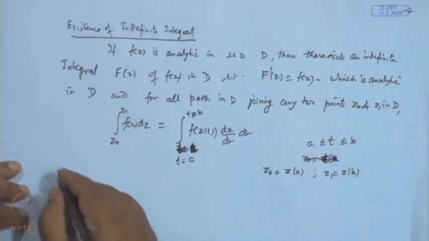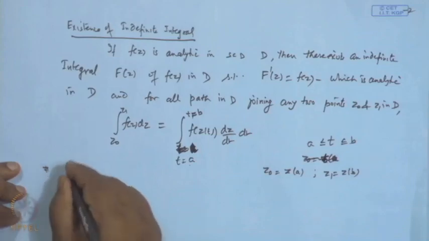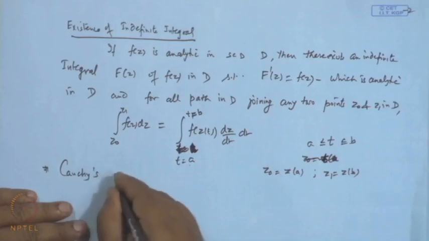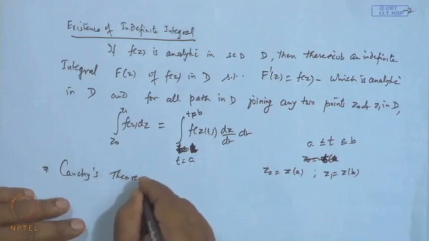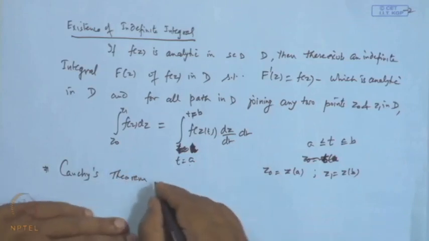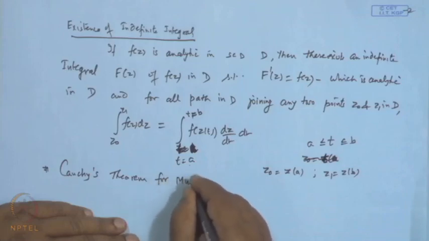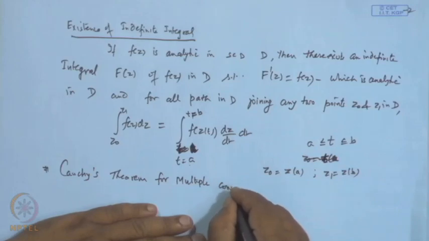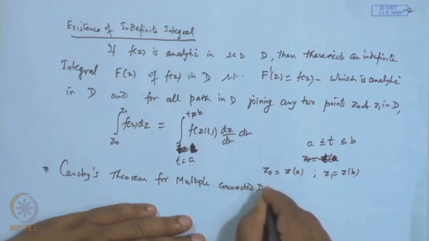So, the result is Cauchy's theorem for multiple connected domains.